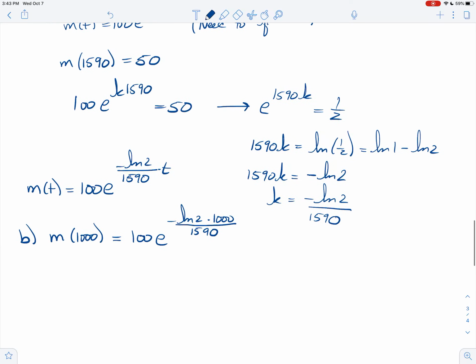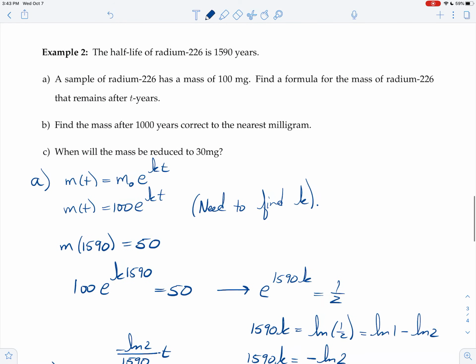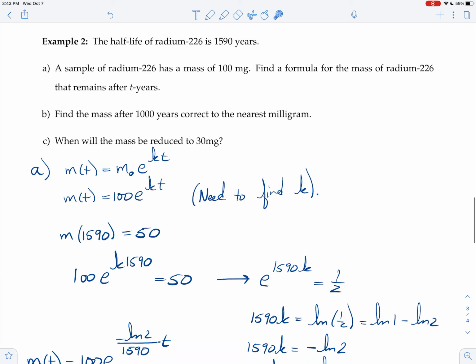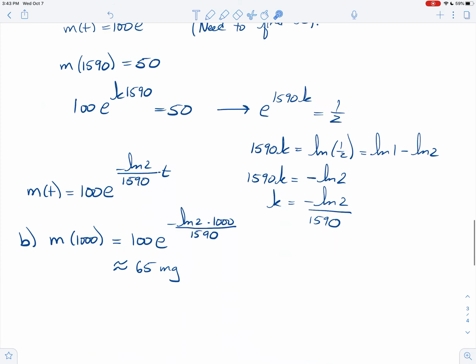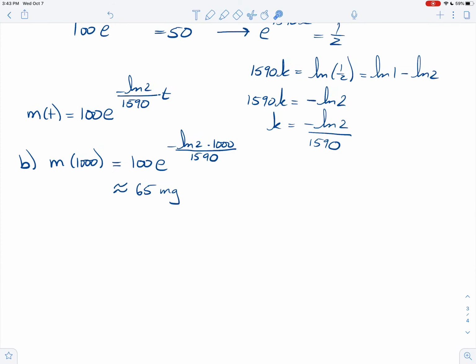You can use a calculator, and I got roughly equals 65 milligrams. It said to the nearest milligram, so I just rounded mine to 65. So quite literally, for B, you're just plugging in 1,000 into your formula, and then you just estimate it on a calculator. I'll let you do that.